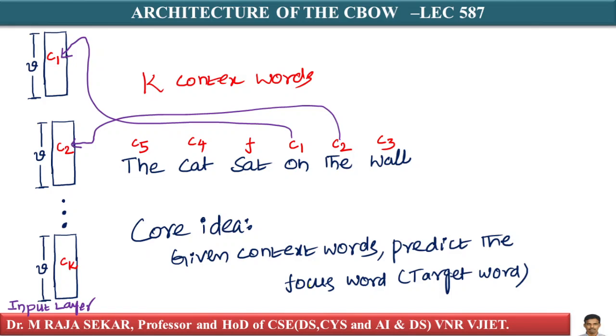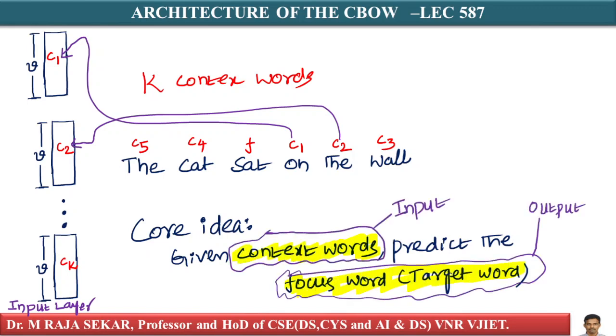So the core idea of Cbow is, given context words, let's try to predict the focus word out of it. My input is context words. What would be the output? My output is the focus word.